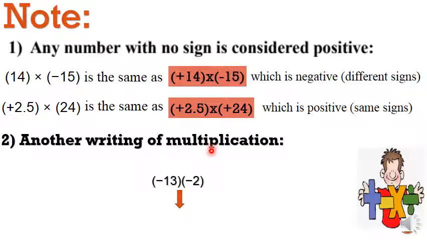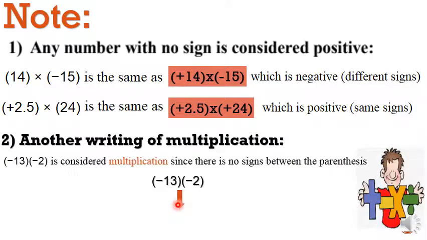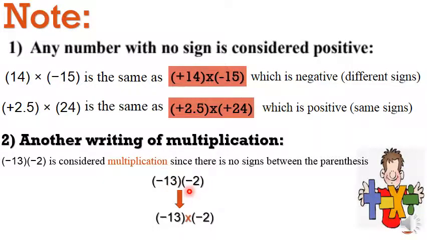Okay, one additional note, another writing of multiplication. You can write directly parentheses instead of writing a times in the middle. Okay, because whenever you see parentheses, it indicates multiplication. So when I see this writing negative 13 parentheses negative 2, this indicates I'm going to multiply negative 13 times negative 2.